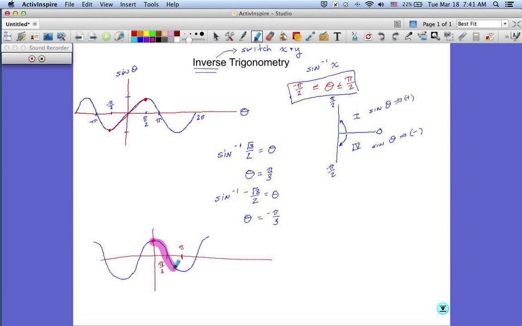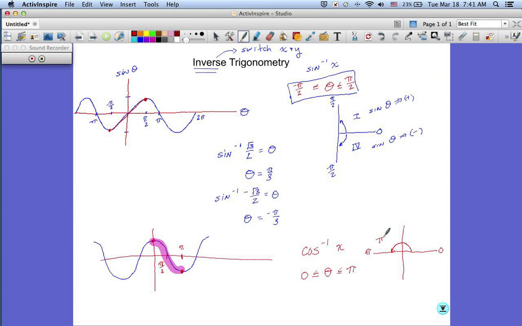I'm looking at this area right here, okay, between 0 and pi. So my cosine inverse is restricted between 0 and pi. Okay, in other words, think in terms of the unit circle, 0 to pi.